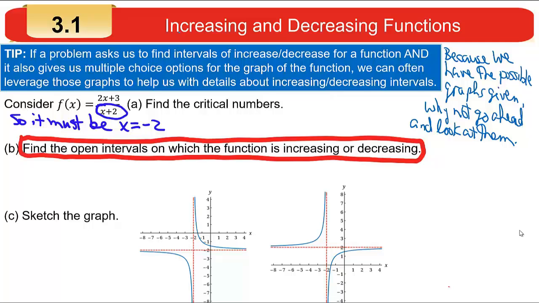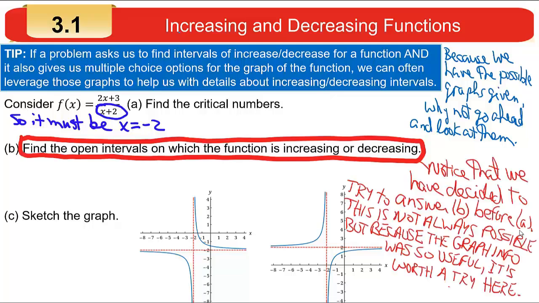Part A said to find the critical numbers, but I'm going to skip that temporarily and concentrate on part B, which says find the open intervals on which the function is increasing or decreasing. Notice that I'm trying to do B before A because I have the graphs in front of me.